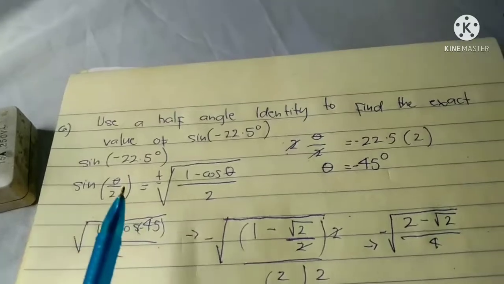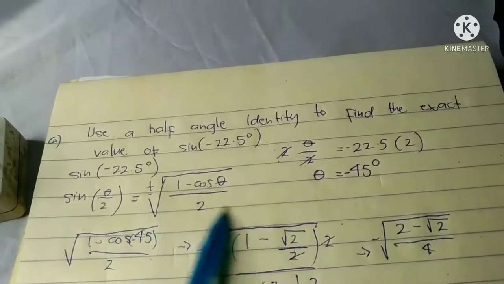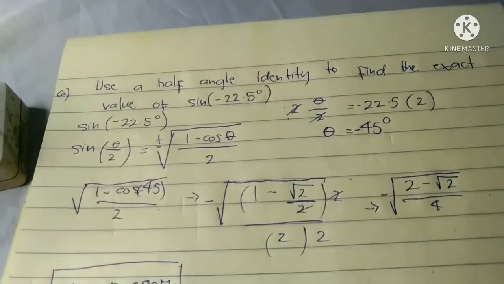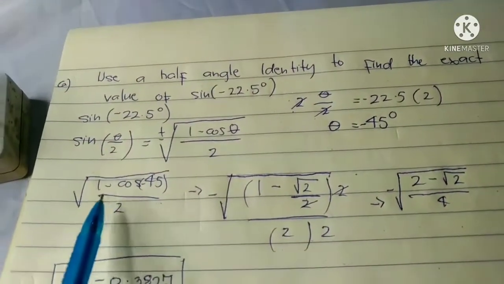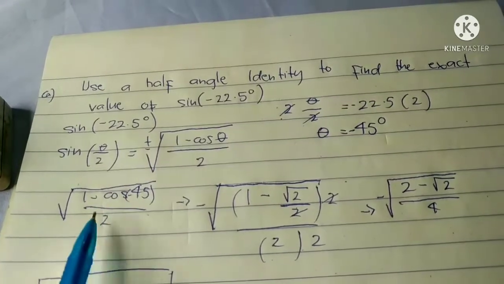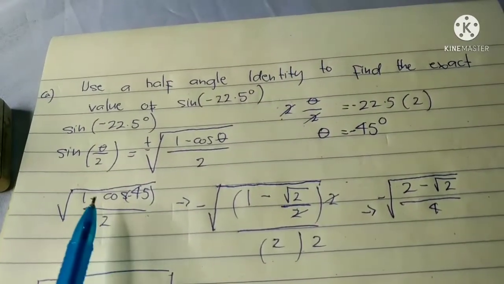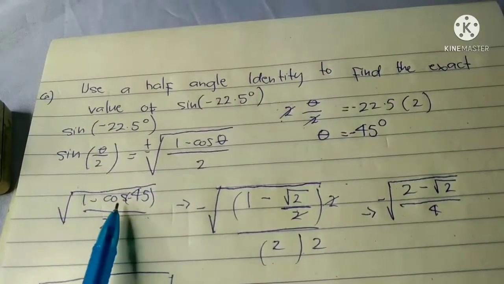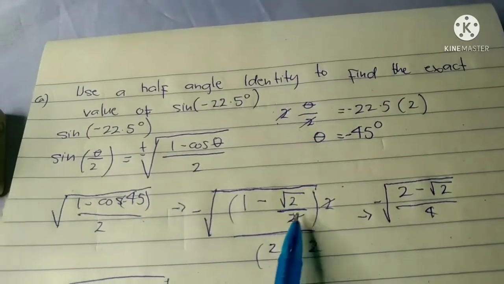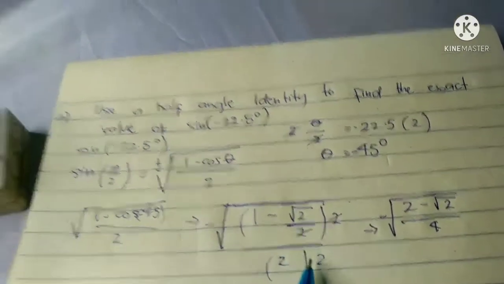So now we can use the half angle formula. This is the half angle formula, and if we plug in, we will get 1 minus cosine negative 45 degrees over 2. Cosine negative 45 degrees is square root of 2 over 2.